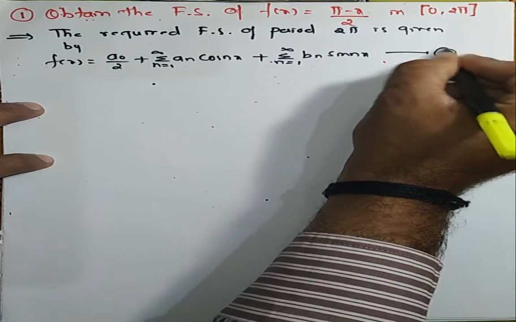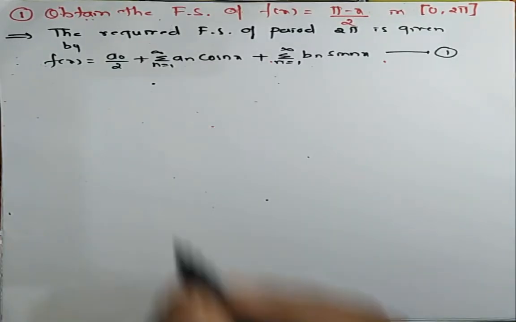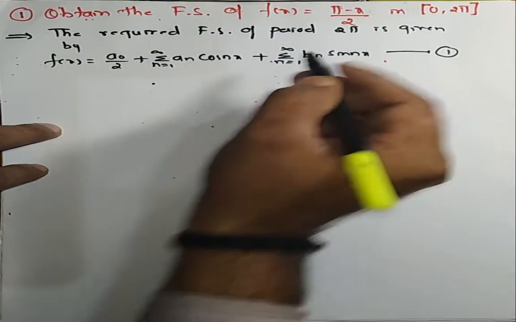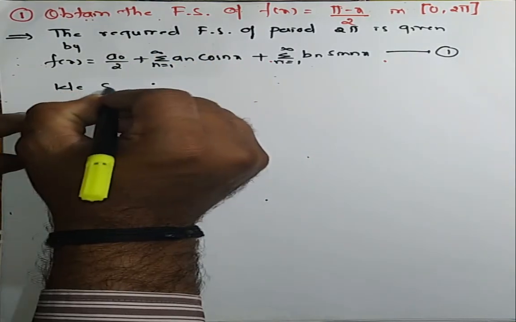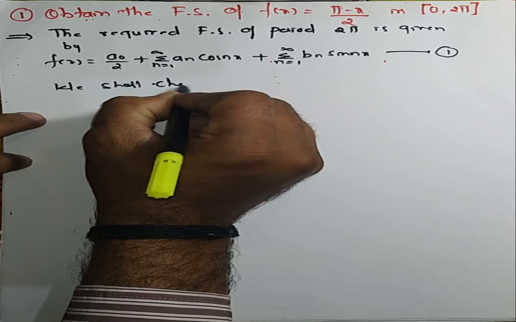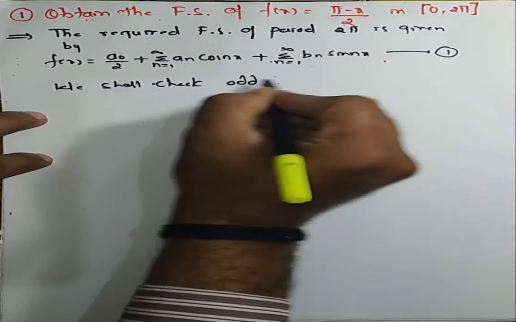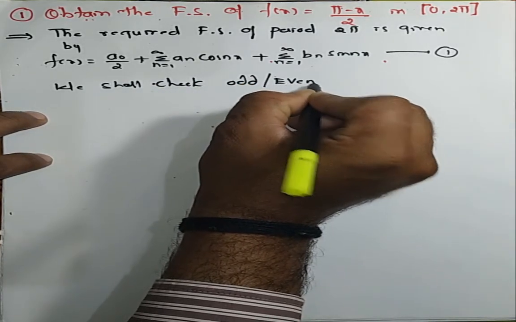So this is your answer. You need to find a naught, an and bn. So how do we check odd and even? We shall check odd or even first.